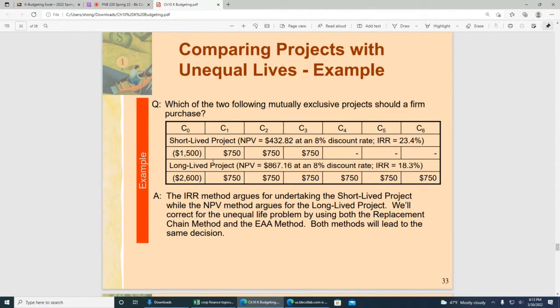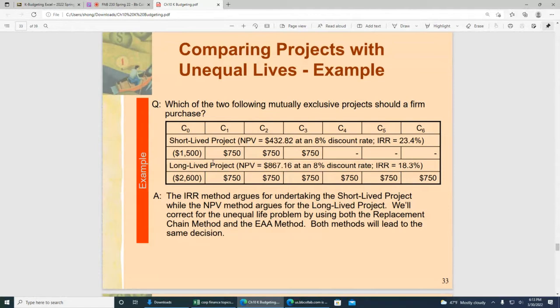The short project's cash flow at time 0 is 1,500. The longer one has a 2,600 initial investment. And then they have expected cash flows like this, and that's very even. This is very unusual, but to make it simple, they made these future cash flows even.